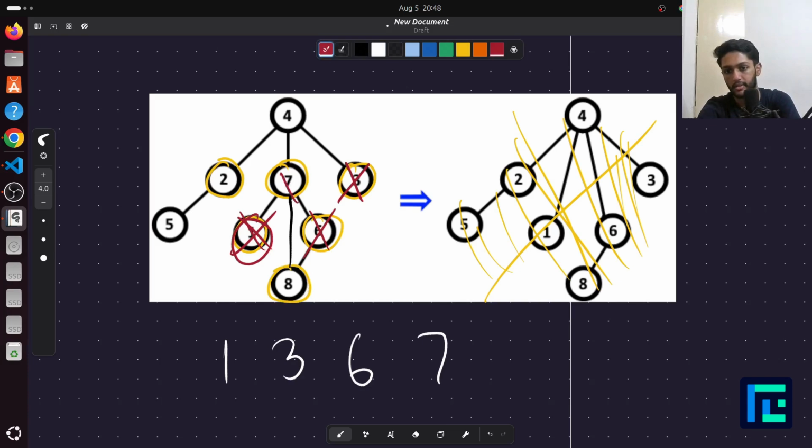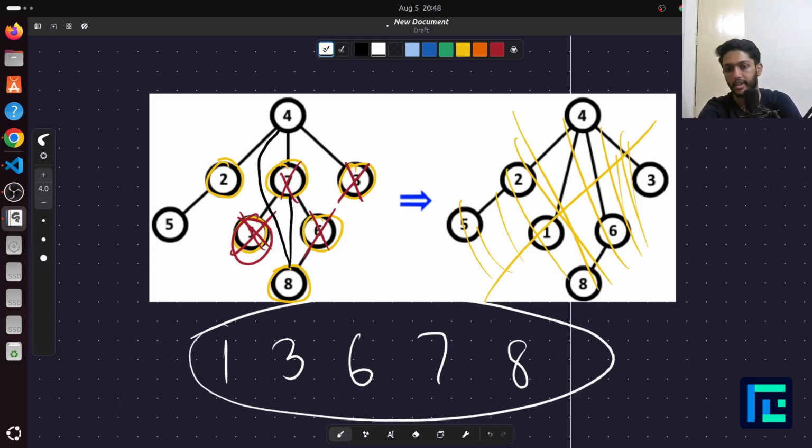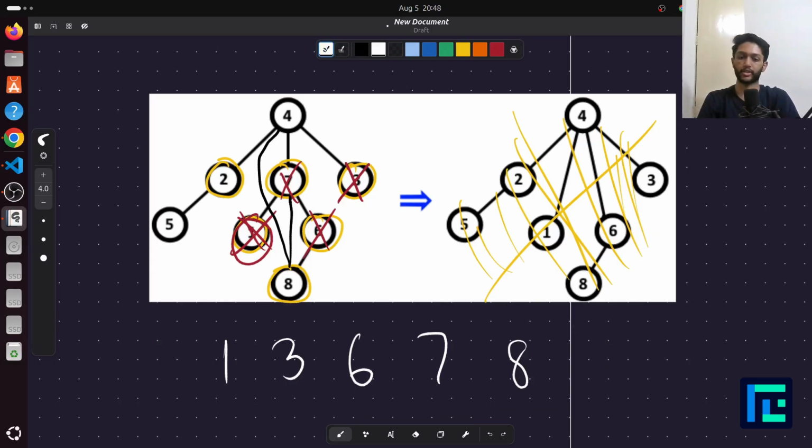So we delete this 7, and 8 gets connected to the 4 directly. Can we delete this 8? Yes, so we delete this 8, and this is your answer. This entire thing was just one of the examples, to understand the problem a bit more clearly.